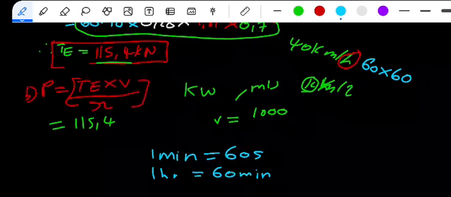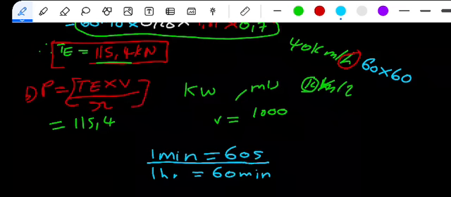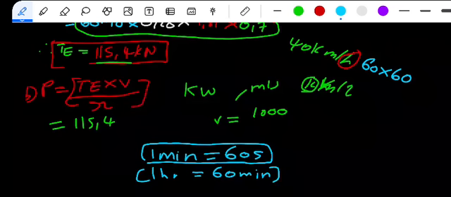Since you know these two things, you can start from the bottom one, so that you don't have to memorize this.